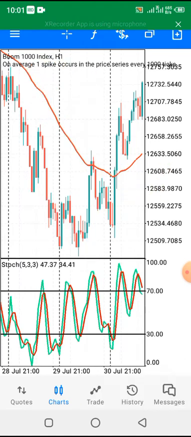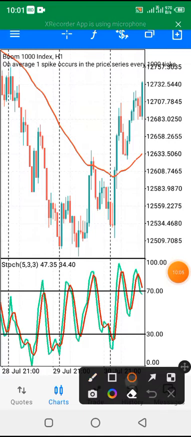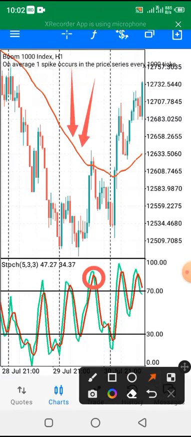Let me just show you clearly. You could have taken your sell here. You can see the conditions are met. There was a crossover of the stochastic oscillators. Price was also trading below the moving average. There was a downtrend.